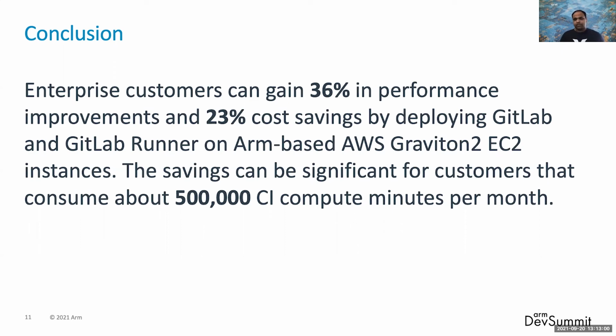And of course, you see up to 23% cost benefits when you move your entire GitLab architecture for up to 10K users to an ARM-based Graviton2 instance, or the set of Graviton2 instances. So the savings can be significant, and I'll let Darren talk about the next part of it.